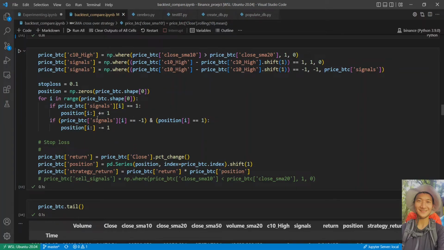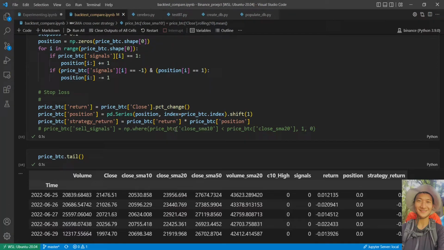When the signal is a buying sign, I change the state to 1. I iterate until the signal changes to negative 1 and the position at that moment is in a buying state, then I change it back to 0, which means I sell the token.